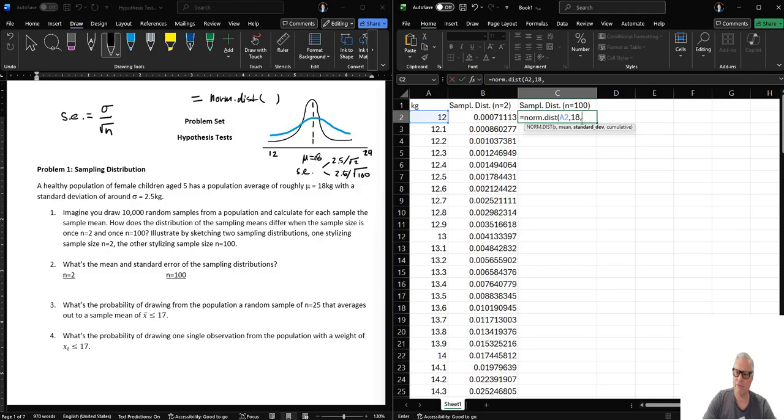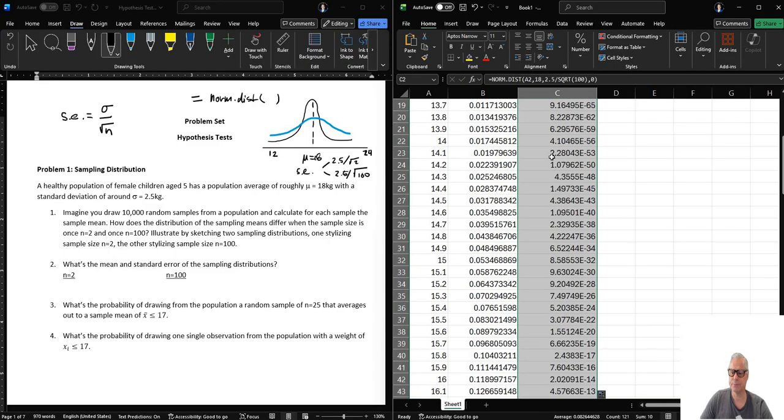And now for the n equals 100 sampling distribution, or 99 degrees of freedom, the standard deviation is now 2.5 divided by the square root of 100. So it has a much smaller standard error. And again, we don't want it cumulatively, so 0. Okay, so that's an even smaller number. Let's copy that down.